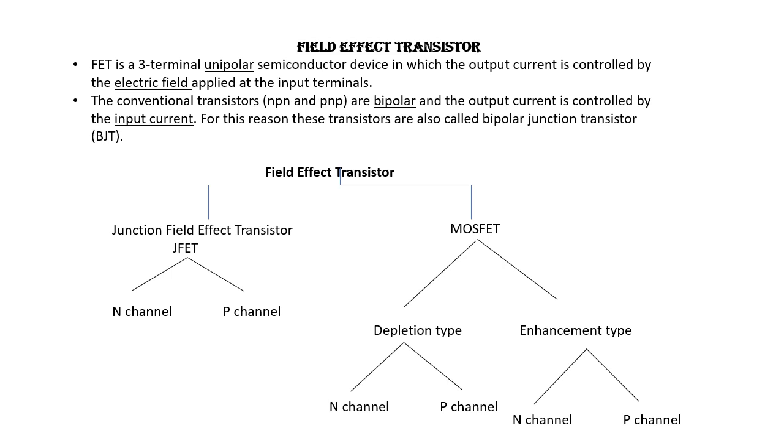These devices, NPN or PNP transistors, are named bipolar transistors because in these transistors the current is carried both by the majority and the minority charge carriers.